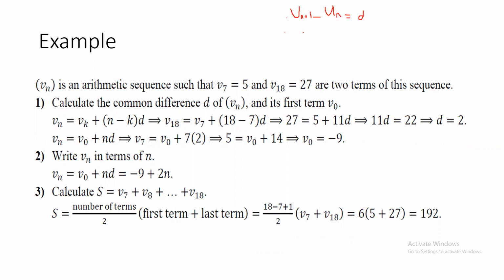To calculate any term of the sequence, I can use un equals uk plus n minus k times d. And to find the sum, it equals number of terms over 2 times first term plus last. This we took yesterday, the notes. Now we are going to take examples.